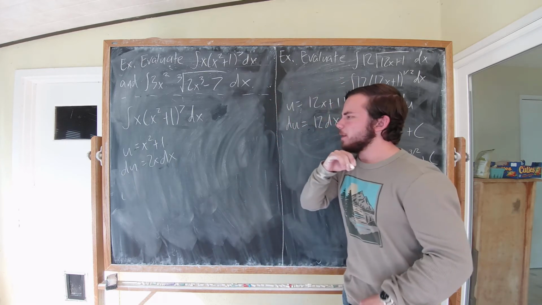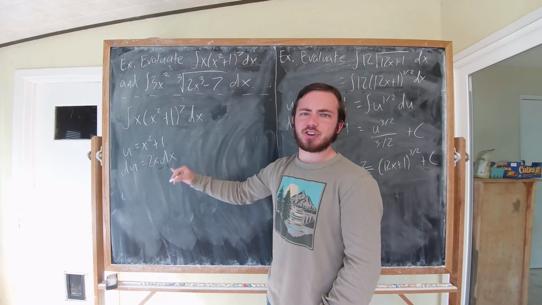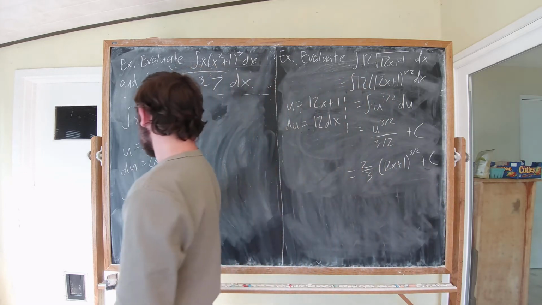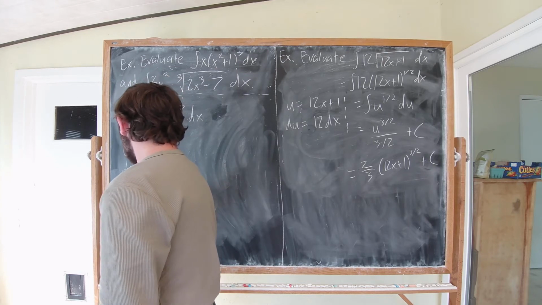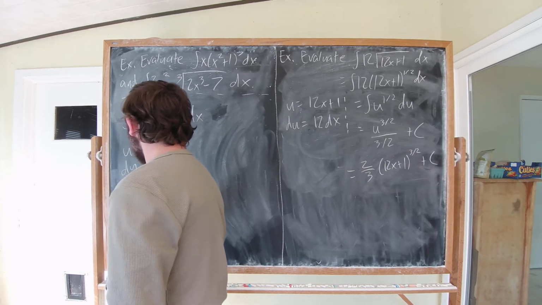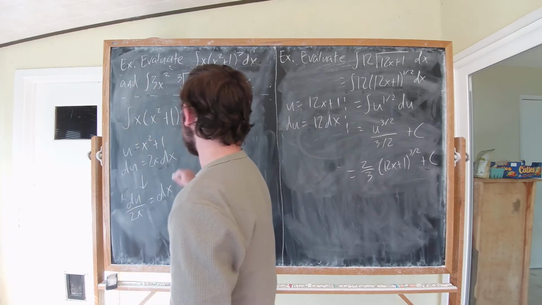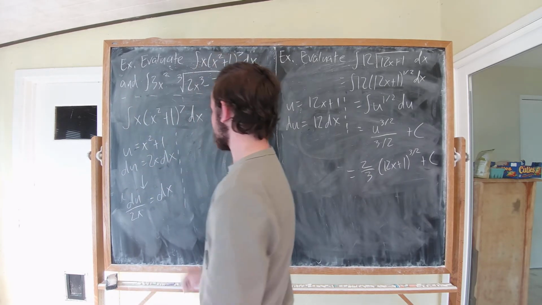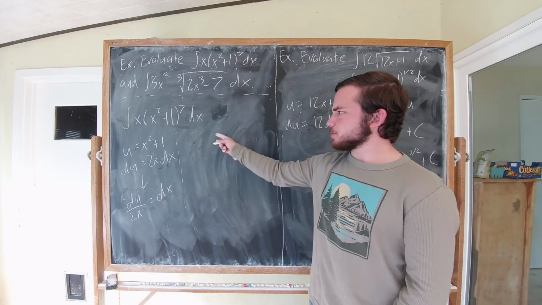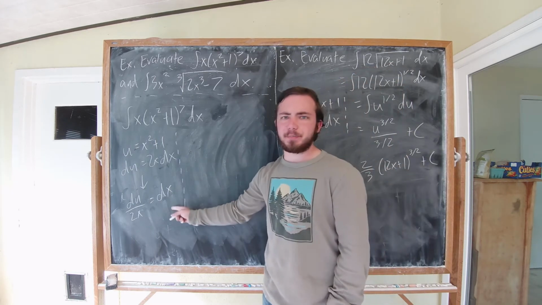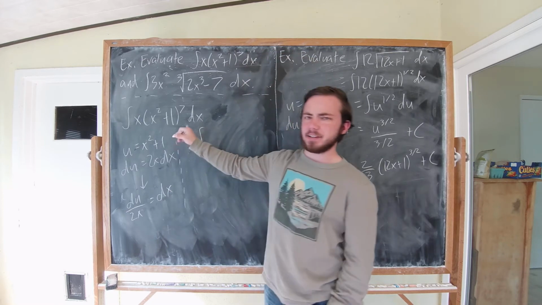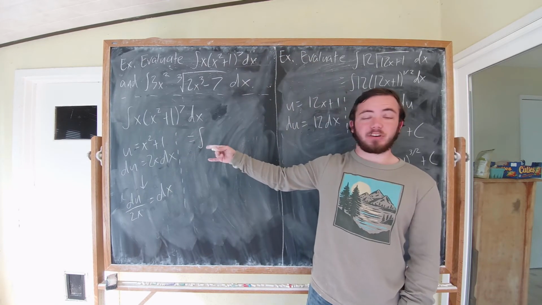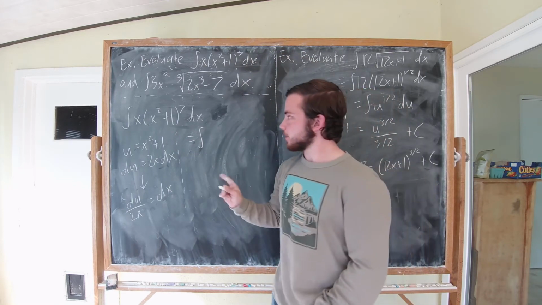Well, let's solve for dx in terms of du. This tells us that du divided by 2x is equal to dx. So let's just plug all of those things in as best as we can. And I'll show you two ways to do this, so if this way doesn't make you feel comfortable, there will be a second way.